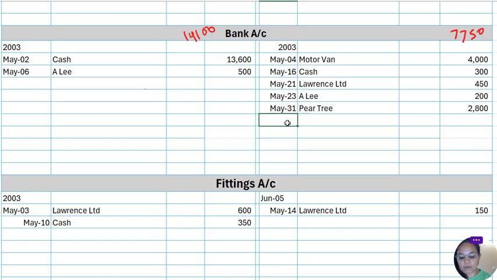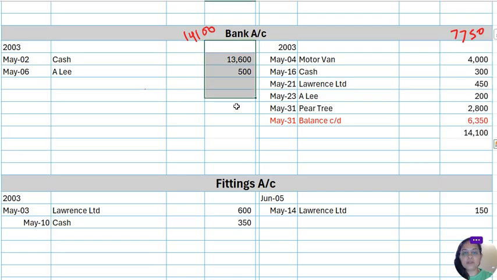So immediately on the credit side, we'll have to take the difference, the carried down balance, in order for your account to balance. Now you subtract the least amount from the most. So 14,100 minus 7,750 will give you a difference of 6,350, which tells you there is $6,350 in your bank account at the end of the period.